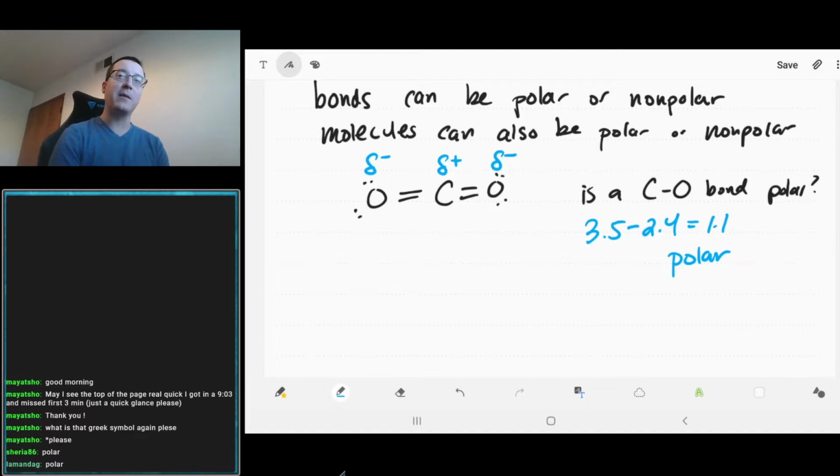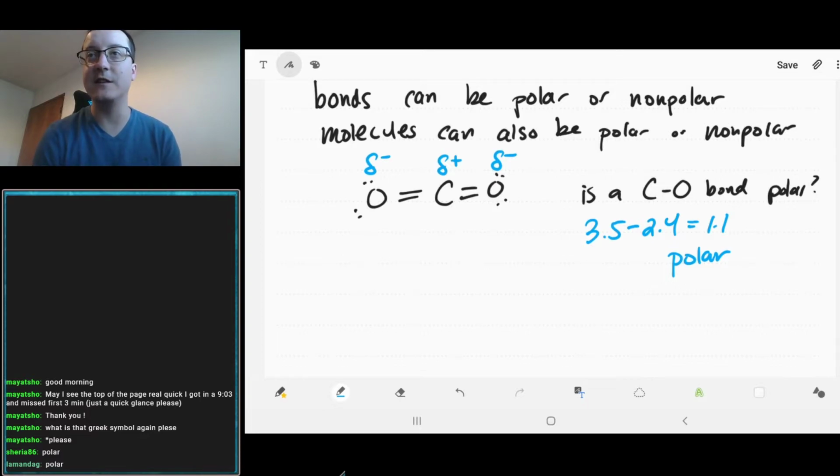So the electrons on carbon are being pulled to the left by an oxygen. They're also being pulled to the right. And since the oxygens are the same as each other, it's being pulled in two different directions at once with the same strength, basically. And what that means is that overall, no electrons are being pulled.